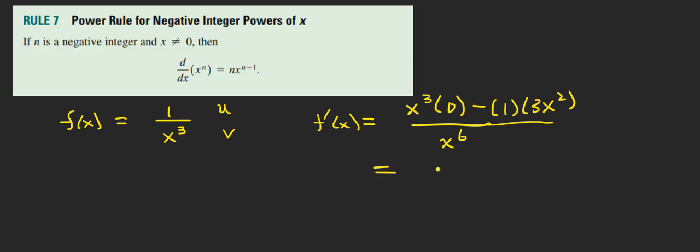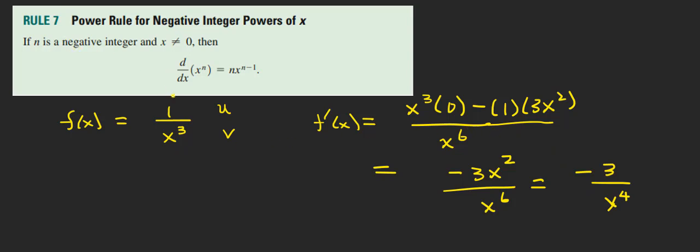You end up getting 0 times x cubed is 0, so you get negative 3x squared over x to the 6, and then you simplify, you get negative 3 over x to the 4th. Okay, that's using the quotient rule.